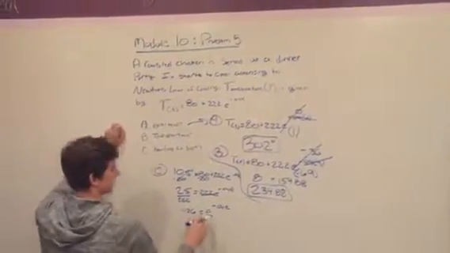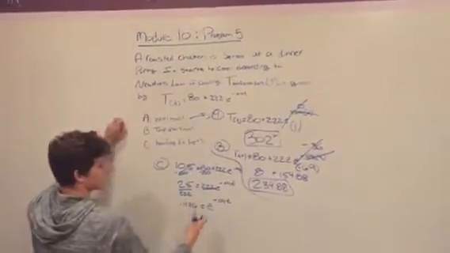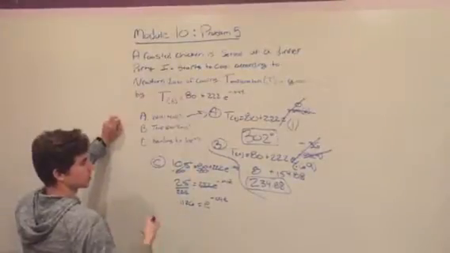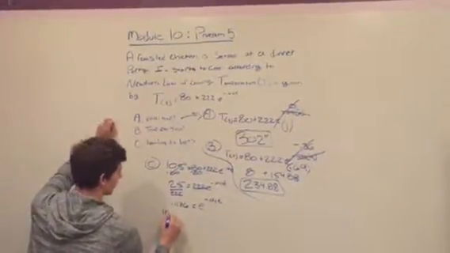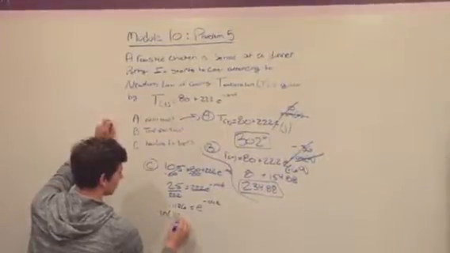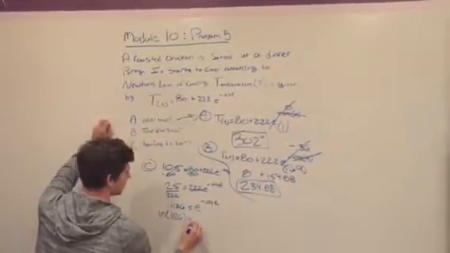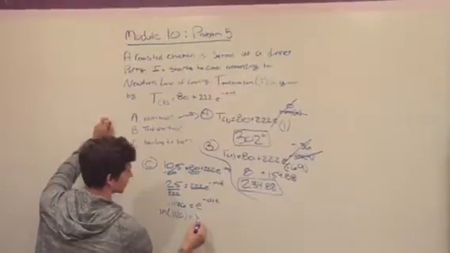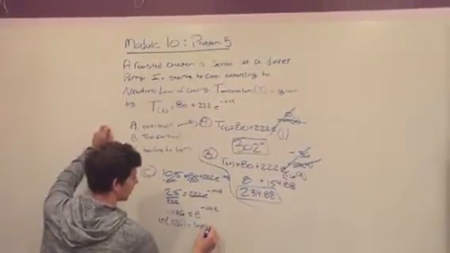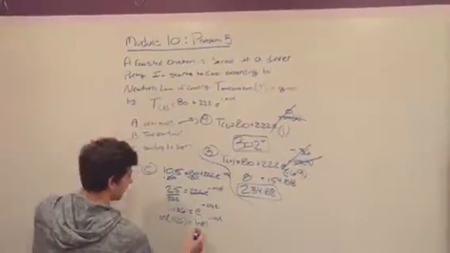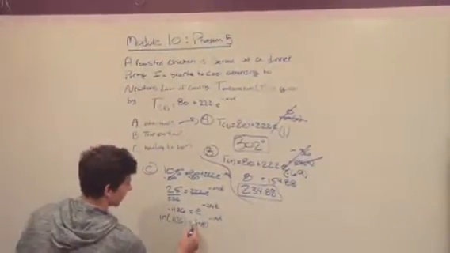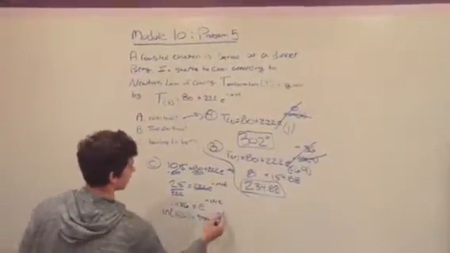Then, to get rid of this e, the opposite of e is the natural log, which is ln. You're going to take the natural log of 0.1126, which is the same thing as taking the natural log of e^(-0.04t). The natural log and the e cancel out, which leaves you with only the exponent on that side.